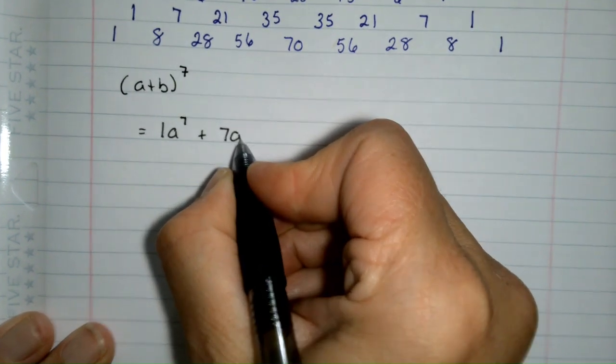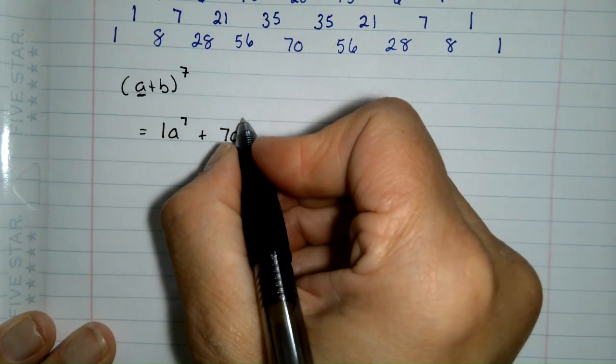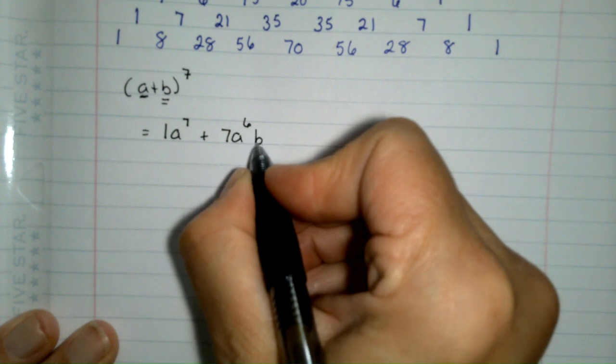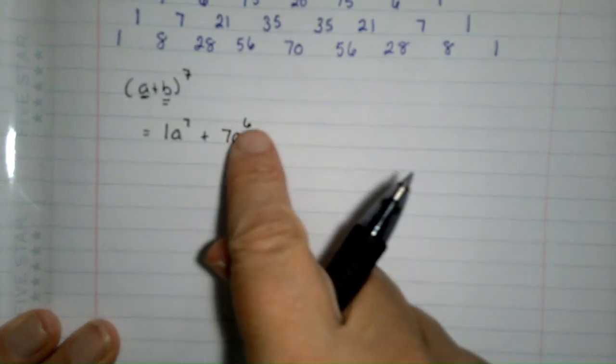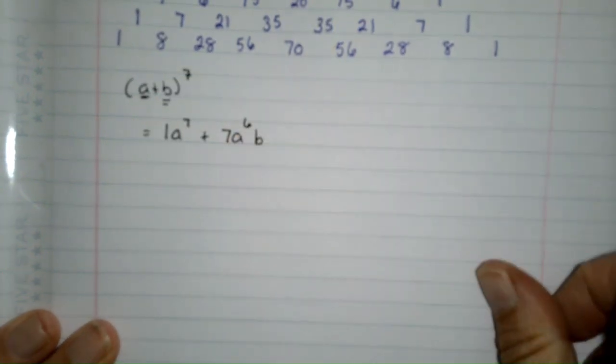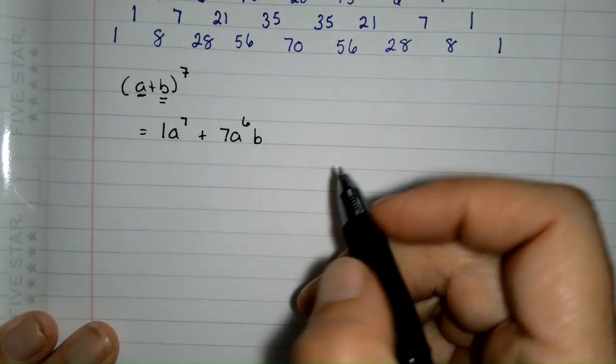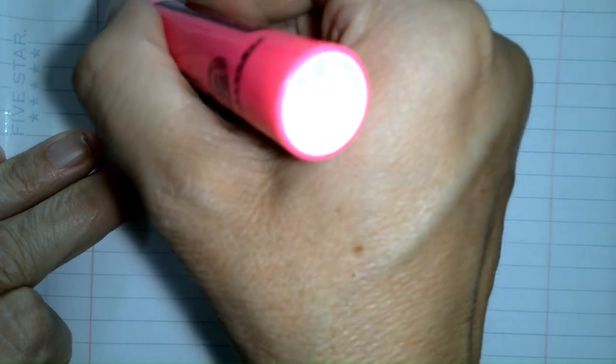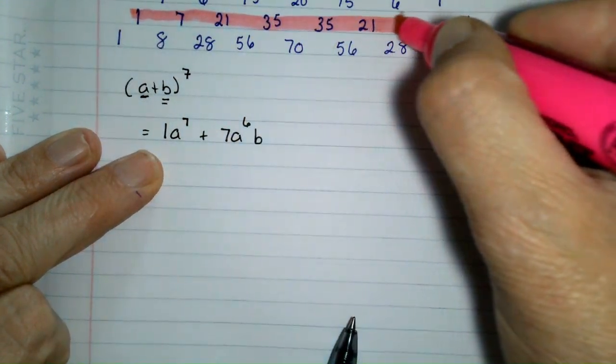Now our a power, since it's the first thing, has to reduce by 1. And our b power is the second thing, so it's going to go up by 1. And if you'll notice, 6 plus 1 is 7. And I'm getting my numbers again from this row right here.